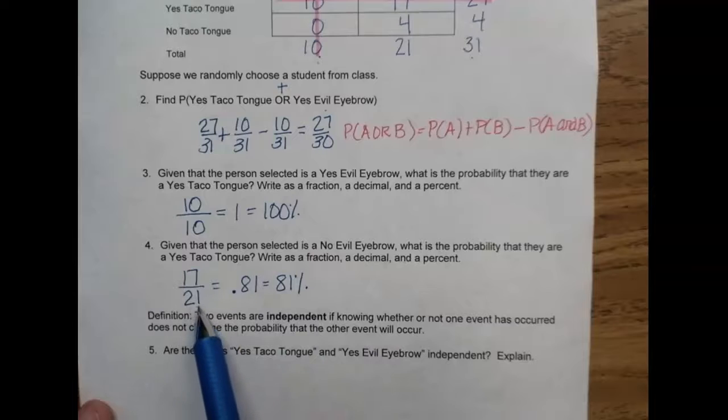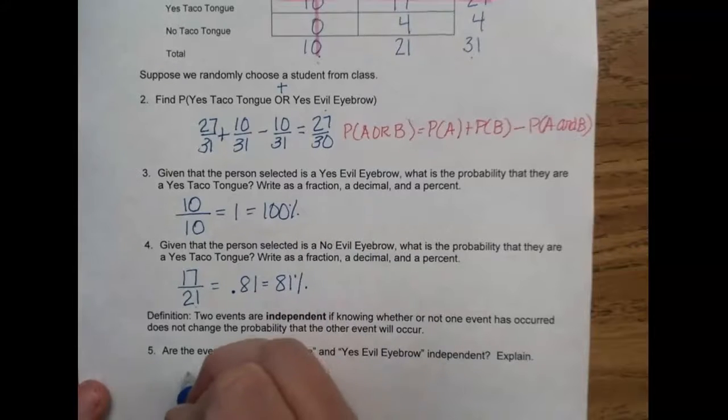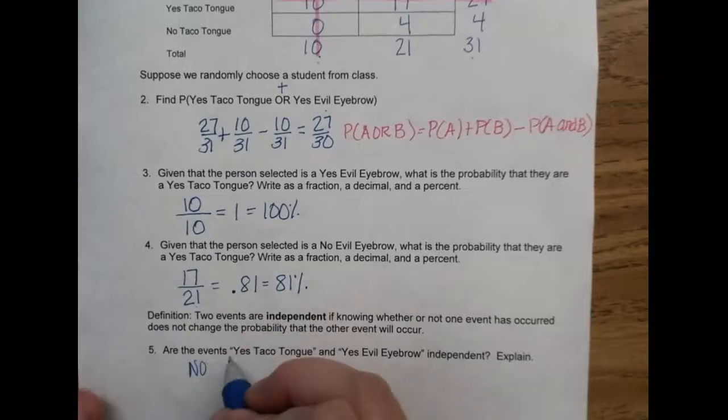If they are no Evil Eyebrow, 81% of the people are Taco Tongue. So if I know somebody is yes Evil Eyebrow, I know they're Taco Tongue automatically. So I know something about their Taco Tongue based on whether they're yes Evil Eyebrow or no Evil Eyebrow. And for that reason, they are not independent. So no, they're not independent.